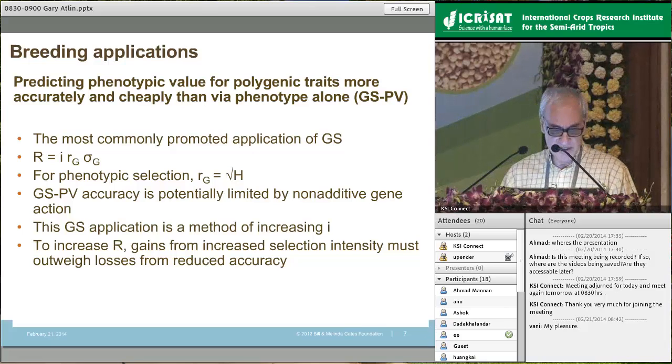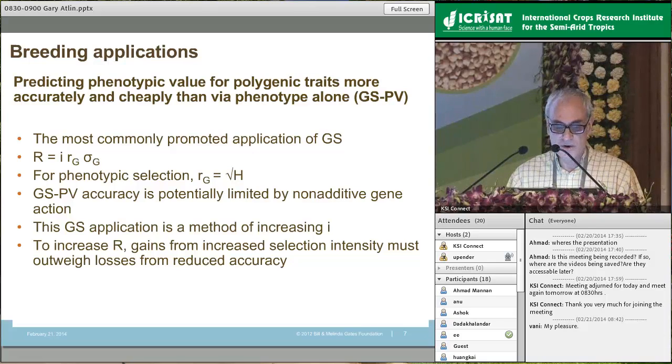Selection response is a function of selection intensity, selection accuracy, and the genetic variance. And for phenotypic selection, selection accuracy is just the square root of heritability. This accuracy is potentially limited, I think, by non-additive gene action, and there are prediction methods that apparently accommodate those.